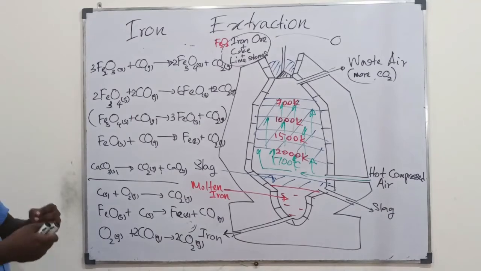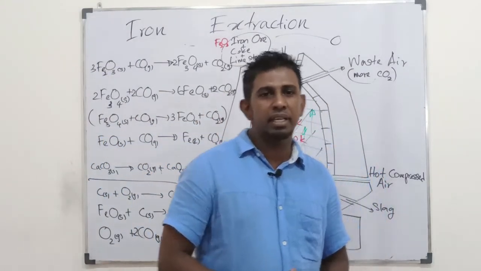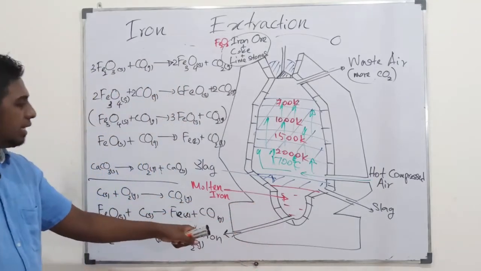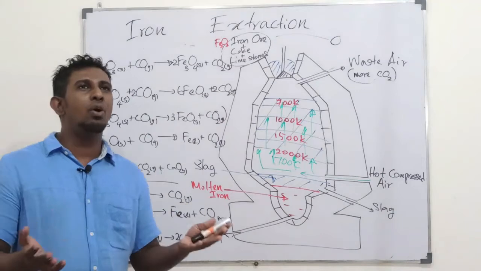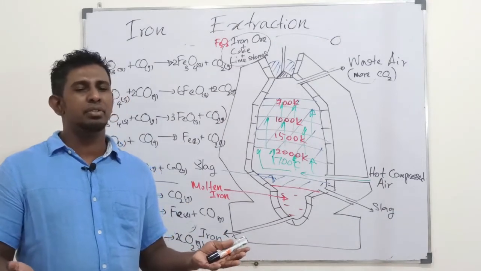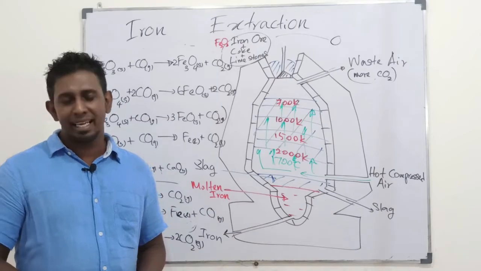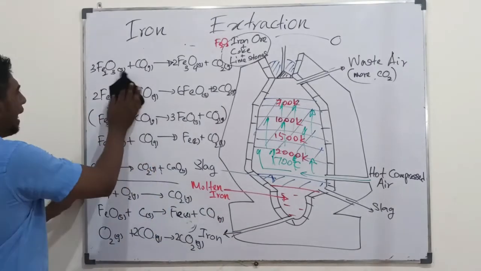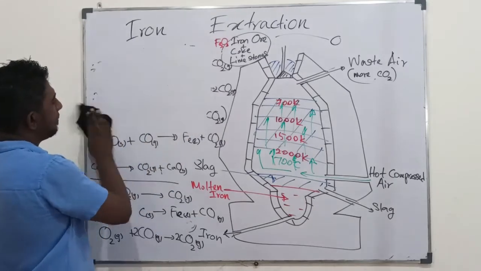Okay, hope those points are clear to you. Then students, further, what you get here is the liquid iron. When it solidifies, we call it raw iron or pig iron. So it has a very high carbon percentage in it.